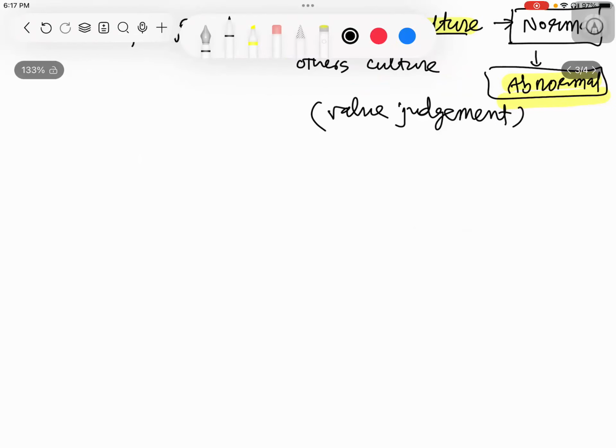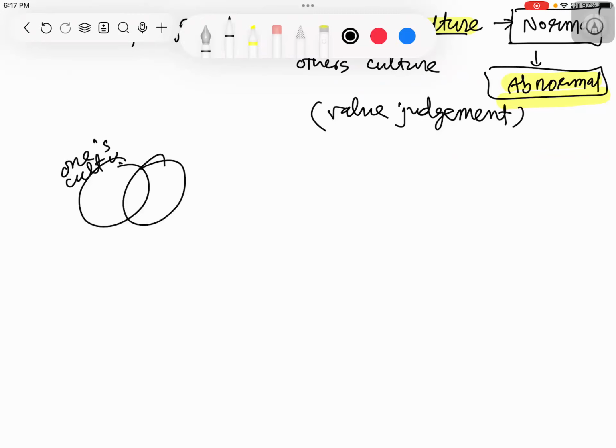By the way, if we look at what is the solution to this kind of value judgment? One example you can say, suppose this is one idea known as acculturation. Acculturation can help. What is acculturation?